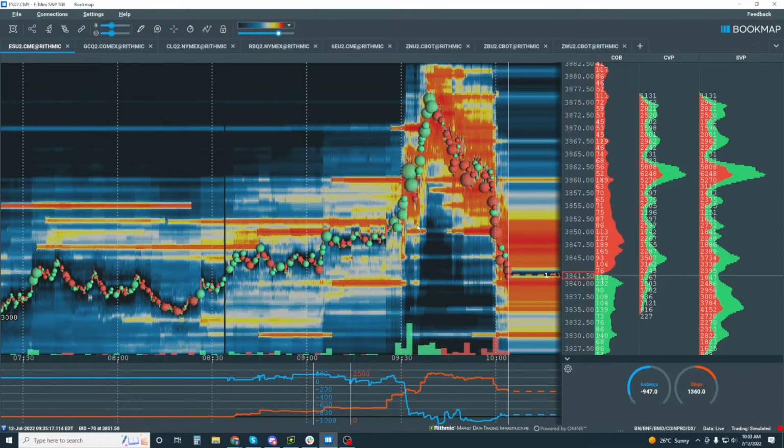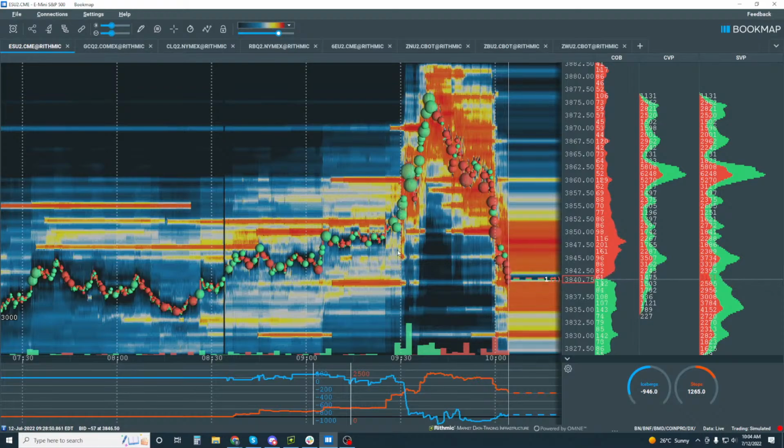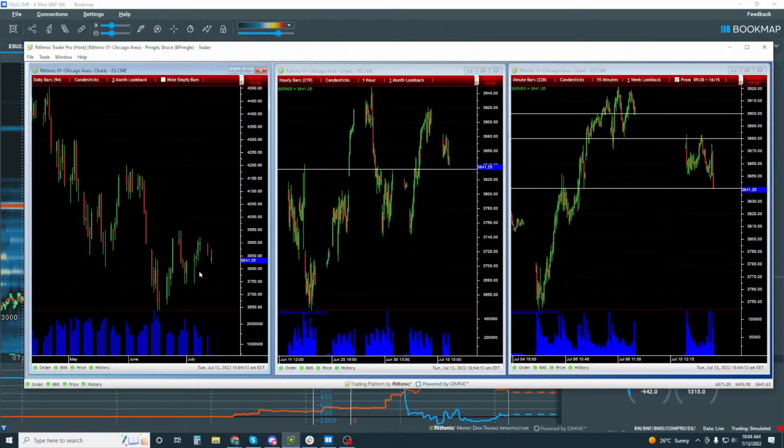All right, so yesterday, let's just recap a little bit what happened yesterday. I want to go over something that I was looking at and tweeted about. From yesterday, we looked at the daily, the hourly, and then also the 15-minute chart.